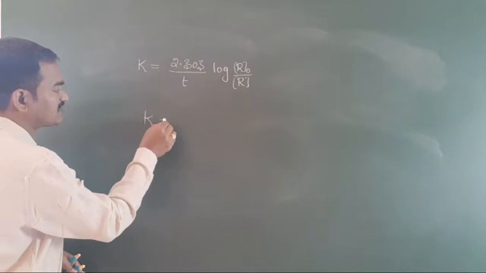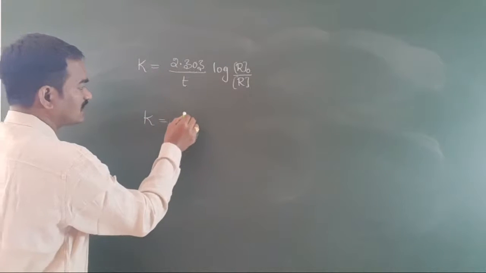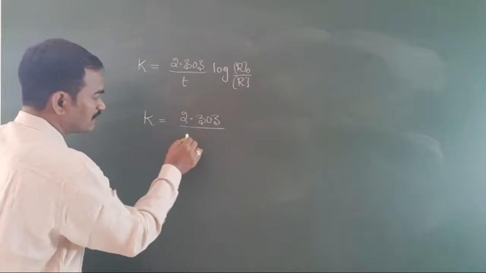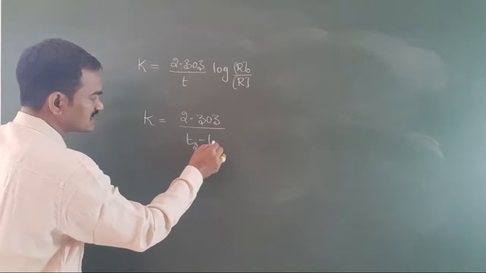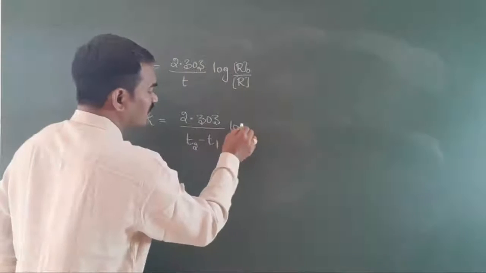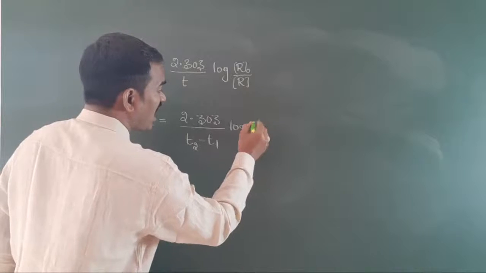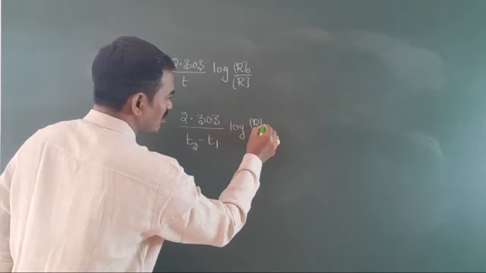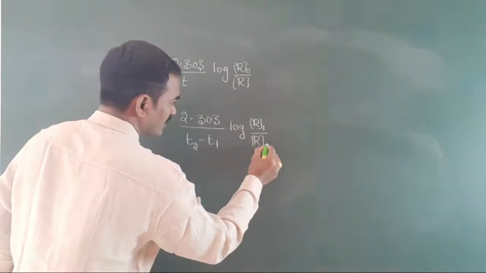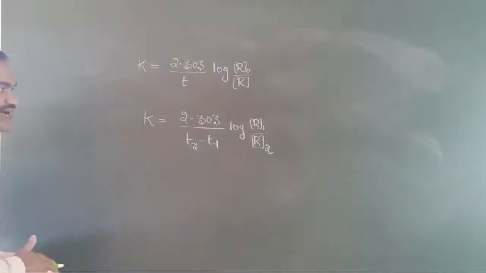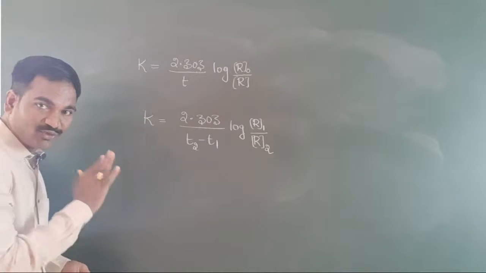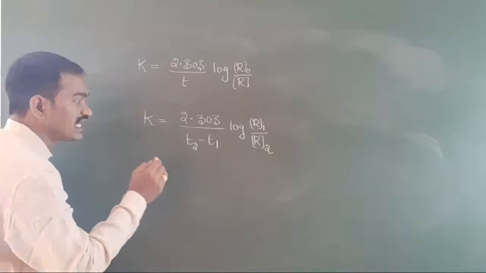K is equal to 2.303 divided by T2 minus T1 log of R1 by R2. So this formula. What is this? Sometimes they won't give initial concentration. They won't give initial concentration. They'll give what?